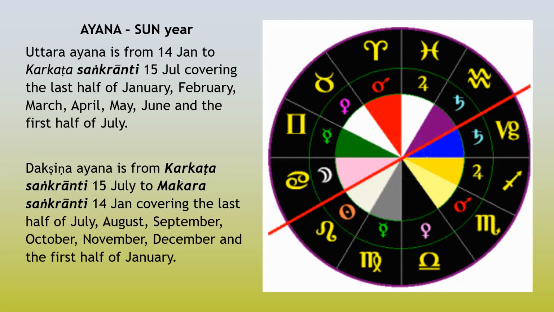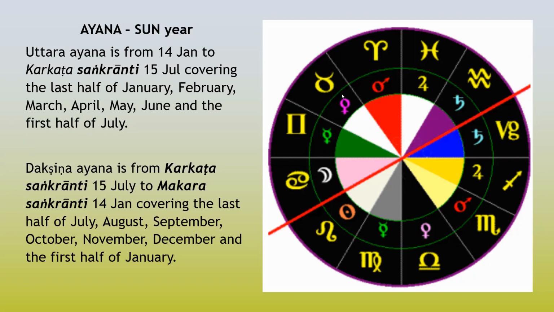Makar Sankranti is nothing but the sign of Makar, and it goes all the way to 15th of July, which is the sign of Karkata, the Rashi of Karkata, which is Cancer.